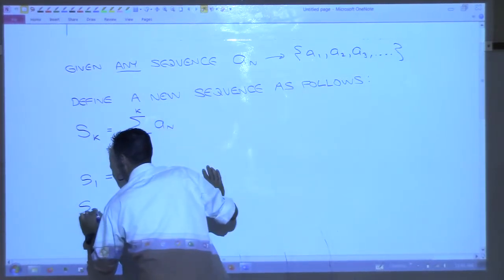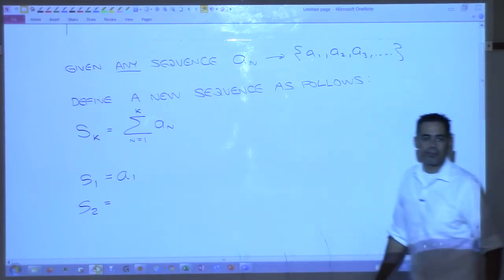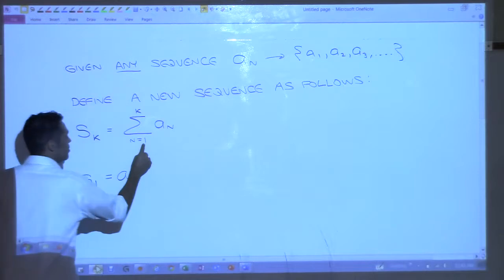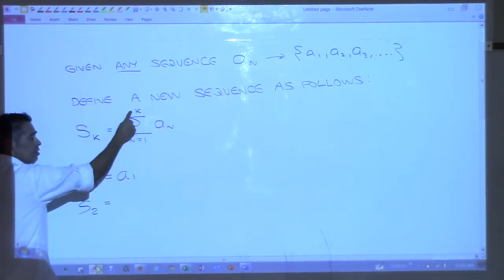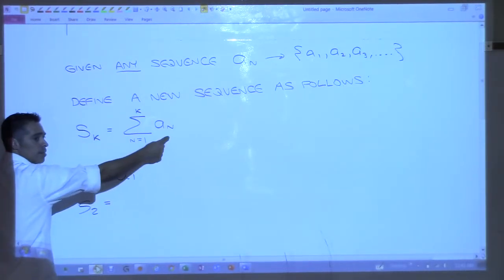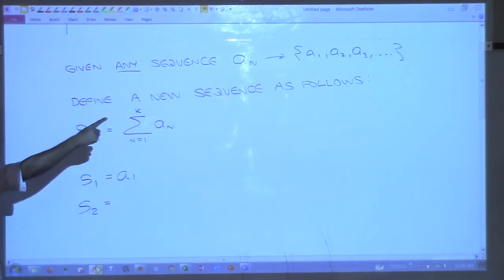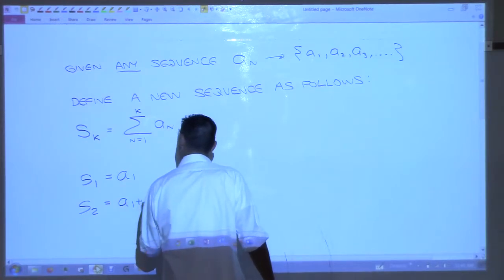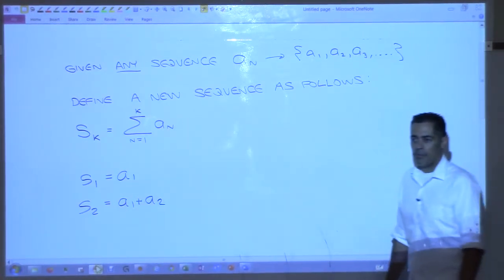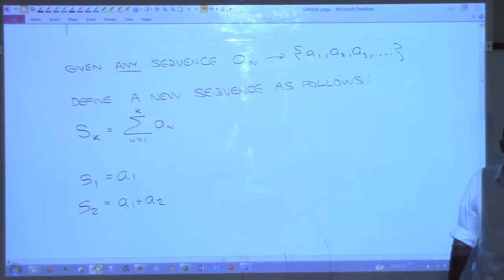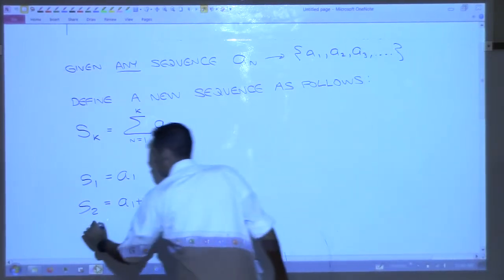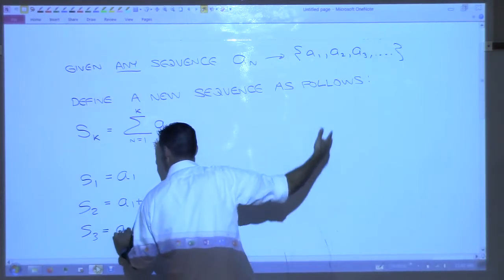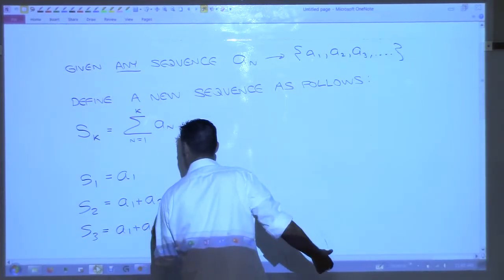What's the second number in this new sequence? It's the sum as n equals 1 to where now? To 2 of that sequence. So it's the sum of the first 2 up there. So this is A sub 1 plus A sub 2. What's the third number in this sequence? Sum of the first 3.